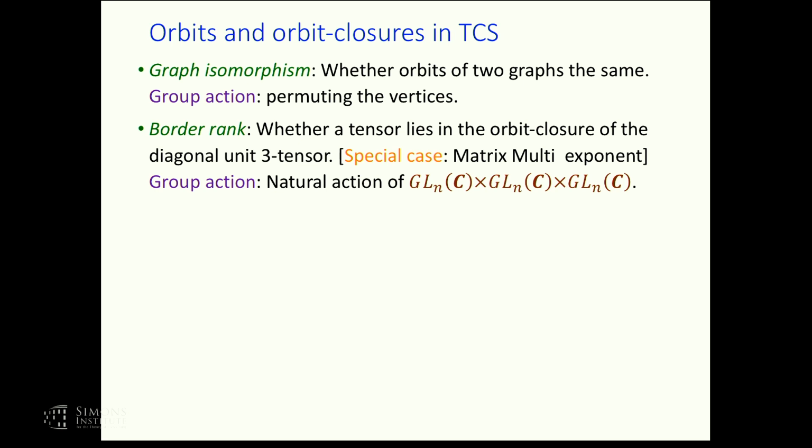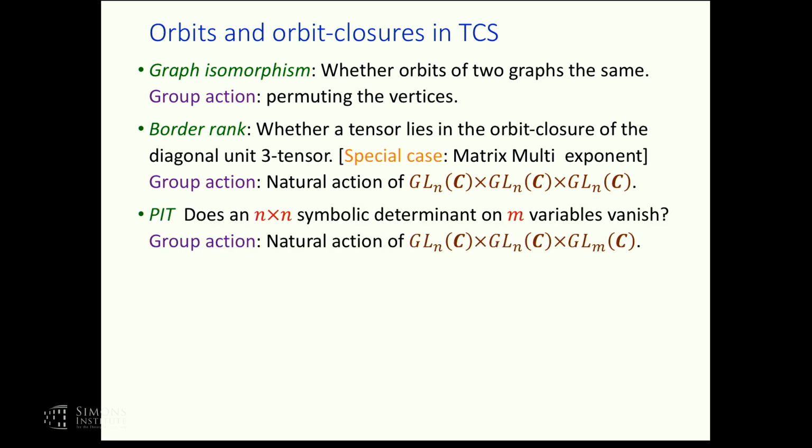If you look at three tensors, the rank is not affected if you act by change of basis in any one of the three dimensions. So you have a natural action there. I want to say that symmetries occur in lots of questions, whether or not you explicitly acknowledge it. In PIT, it's the same. You're asking whether a symbolic determinant is 0. Then you can change basis on the left, change basis on the right, or change basis of the variables.